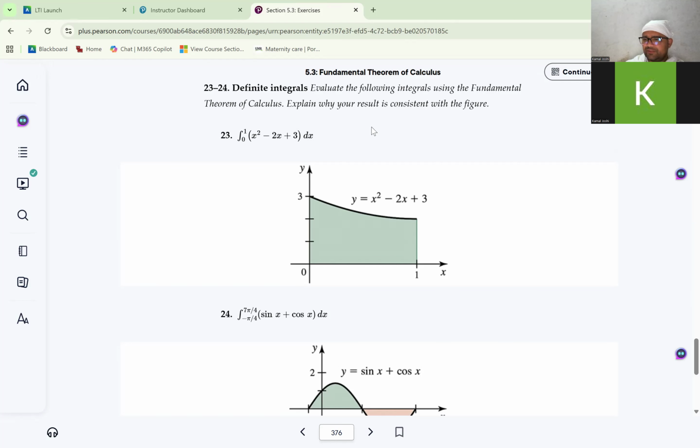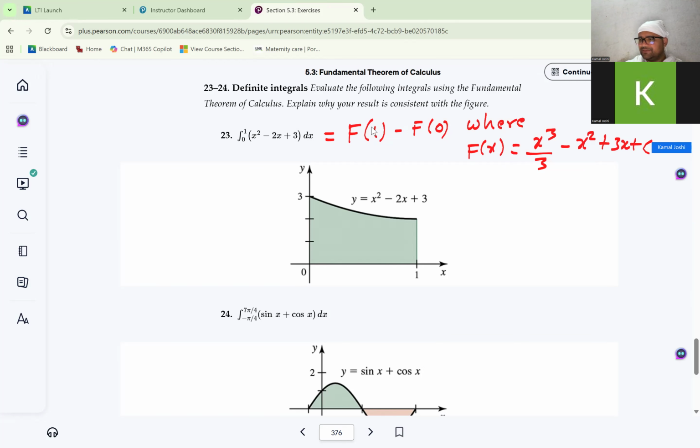All right. Using the fundamental theorem of calculus, it is F of 1 minus F of 0. Where what is your F of x? F of x is the integral, which is going to be x cubed over 3 minus x squared plus 3x plus a constant.